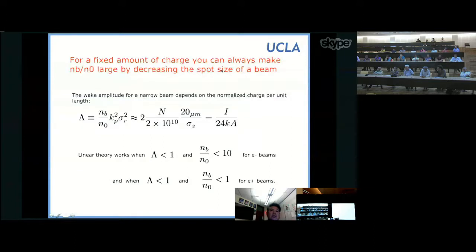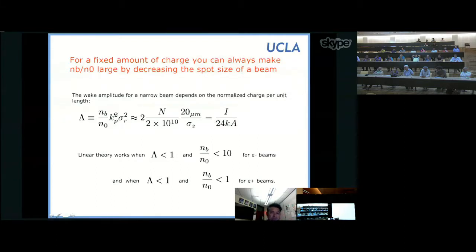So it's not just n beam over n0 that is important, but what I call the normalized charge per unit length: n beam over n0 times kp squared over sigma r squared. Essentially, what is the beam density if you spread the charge out to a skin depth size? That's what this parameter means, which works out to be the current over 24 kiloamps.